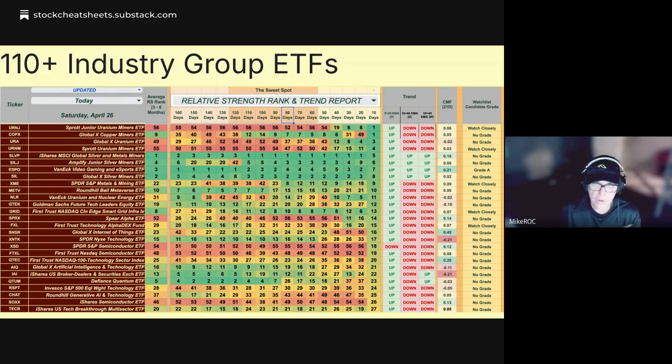You'll notice that there's a general trend, although it's slightly different for the metal compared to the miners and for copper specifically, that there's a general rotation from lower price performance, that is the changes in price to the upside compared to the other ETFs here. There's a general transition from low rank to high rank. That's what we call rotating into favor.